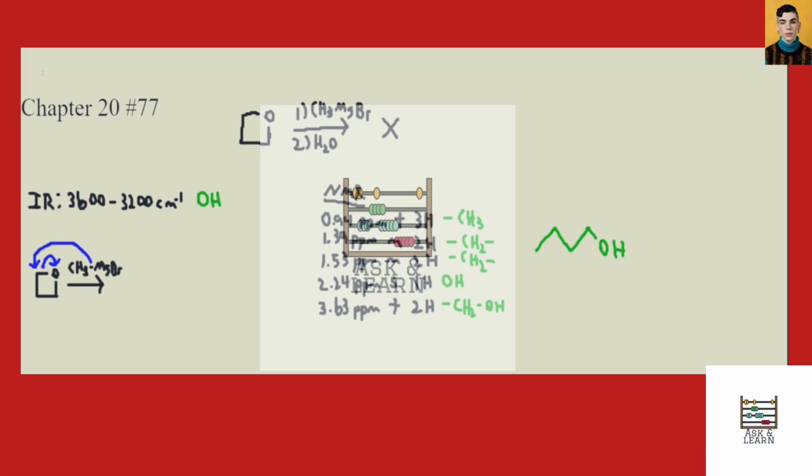And so after that first step, we're here with the alkoxide. Oops. And so there is, of course, a negative charge here. And then the water, the quenching step, is just going to protonate that alkoxide that we just made.